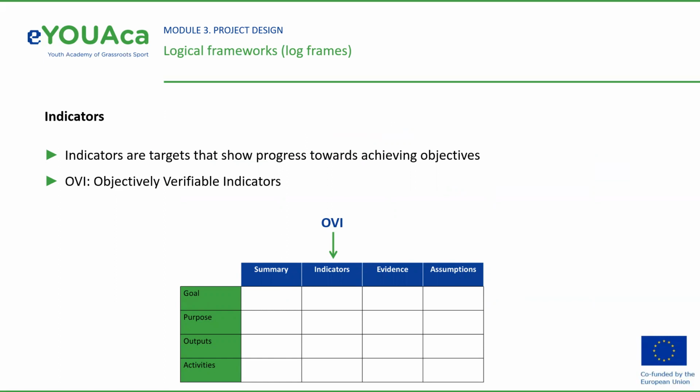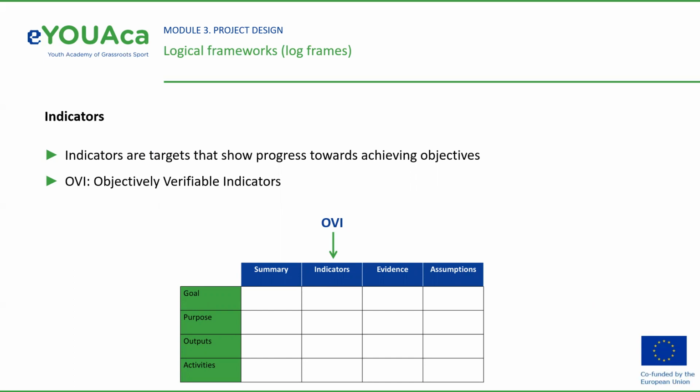Indicators describe the project's objectives in operationally measurable terms, i.e., quantity, quality, time, or QQT. Specifying OVI helps to check the feasibility of objectives and helps form the basis of the project's monitoring and evaluation system.